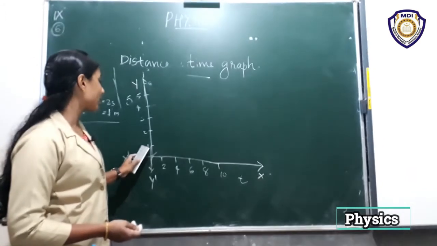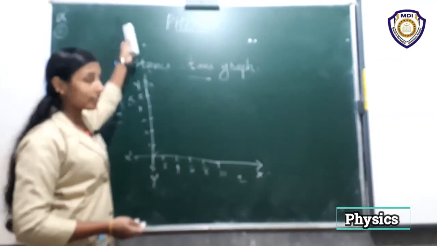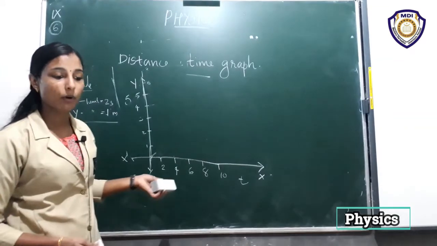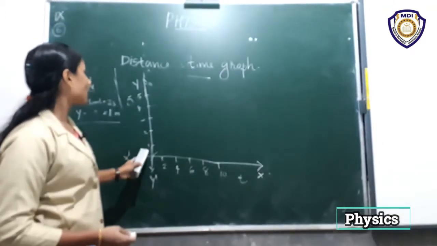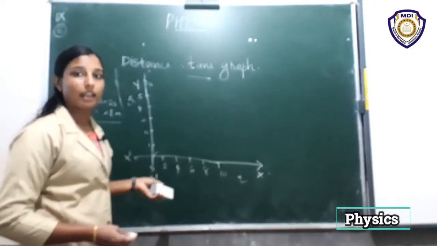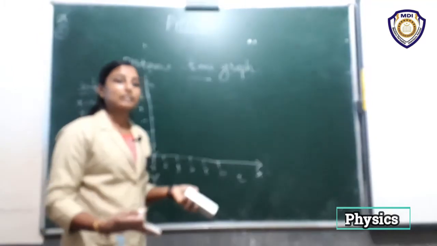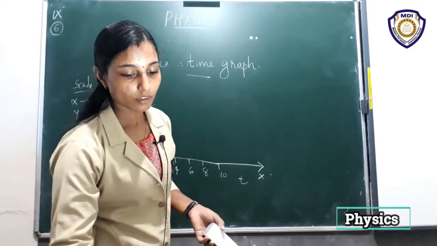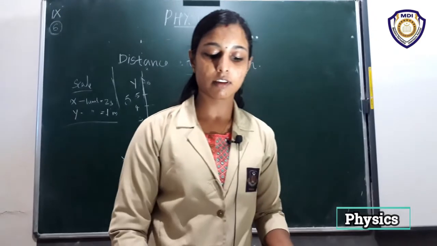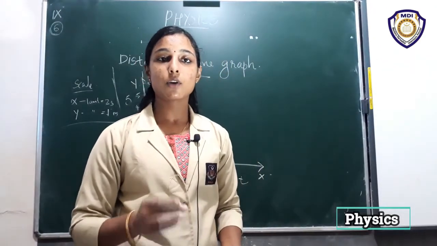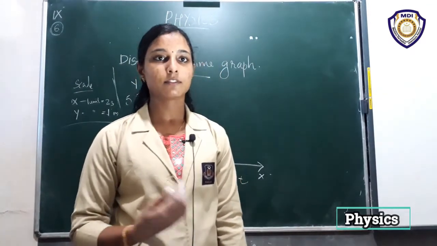If we are taking 1 unit as 1 meter, we have to take a long y-axis, up to 36. That is why the textbook has given 1 unit as 5 meters, right? Hope you understand.